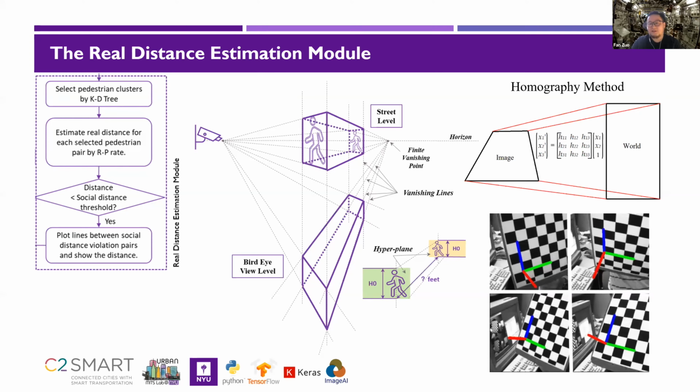Since existing surveillance cameras are different at different locations, you usually have different angles and different perspective views, and they may be repositioned at different times.